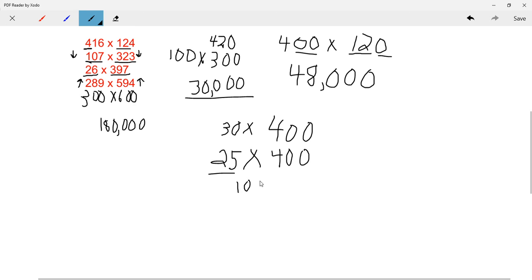So I would do 100 and then add 2 zeros. So that would be 10,000. Now I could also do 30 times 400, but this one is going to be closer because 25 is closer to 26, right? So this estimate should be closer to the actual answer than this estimate.